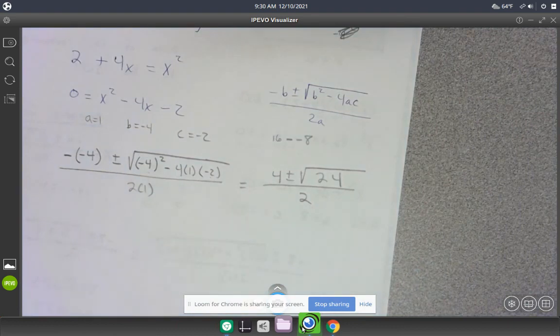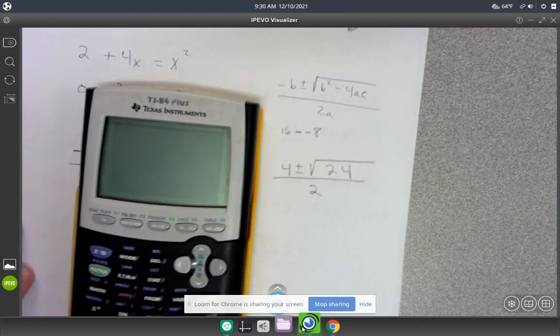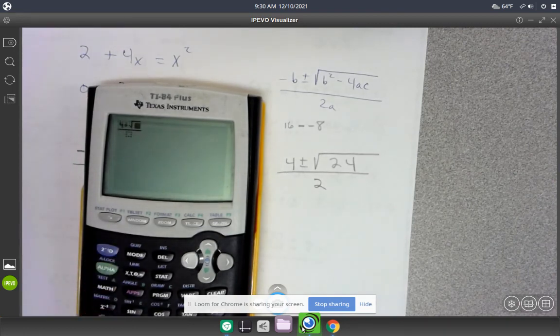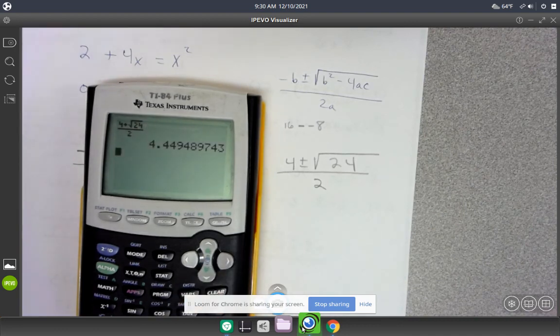I'm just going to see what they are in decimal form. Okay, so I'll do the plus version first. 4 plus root 24 over 2.